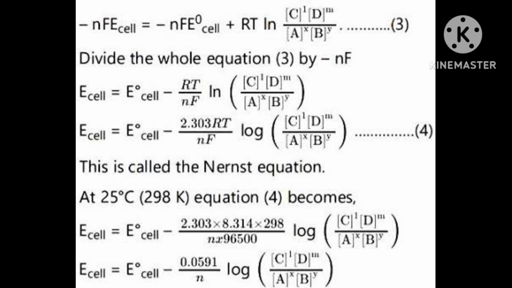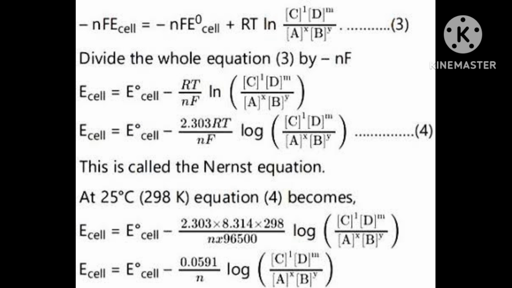Then it will be 0.0591 divided by 2, and log of the two concentrations: magnesium concentration 0.130 and silver concentration 0.0001 power 2. After solving, the result will come 2.96 volt.